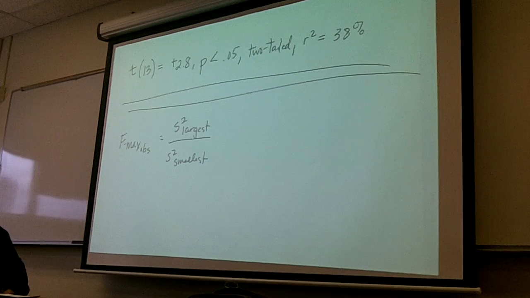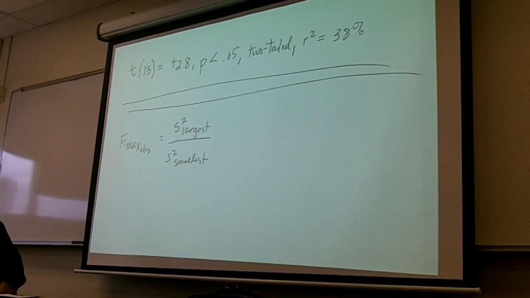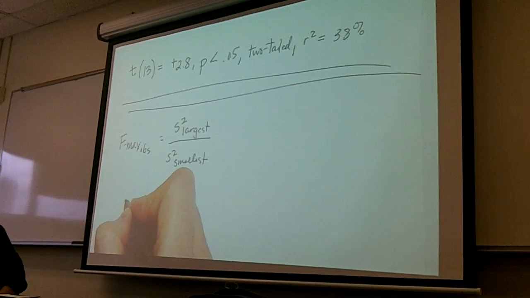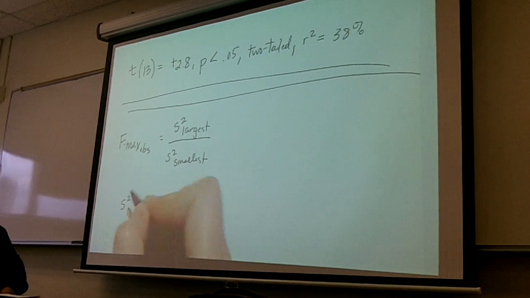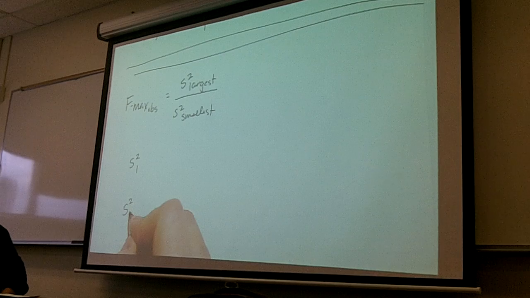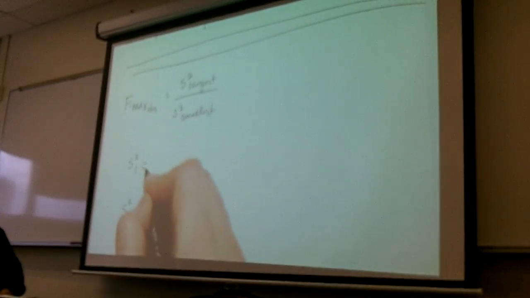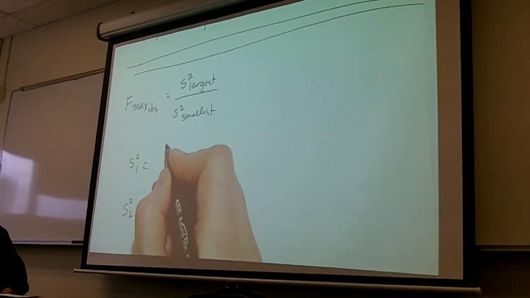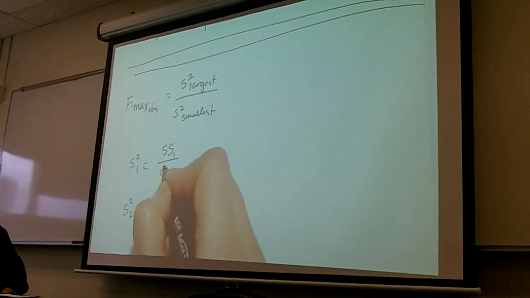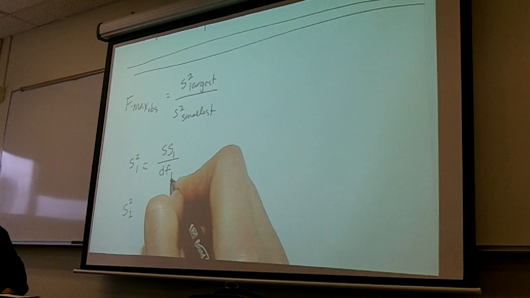Now right now we're only looking at 2 samples, so it's going to be the larger one or the smaller one. So how do I figure that out? Well, I'm going to have to calculate the sample variance for group 1 and the sample variance for group 2. The sample variance for group 1 is going to be the sum of squares for group 1 over the degrees of freedom for group 1.